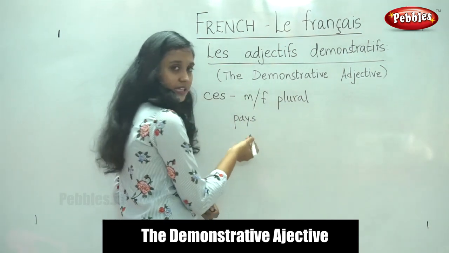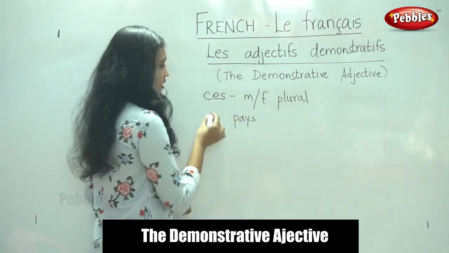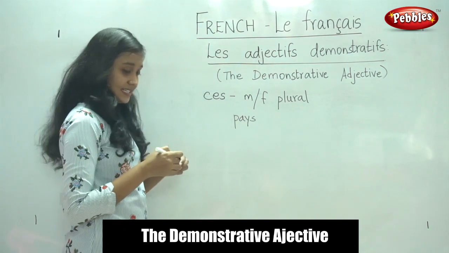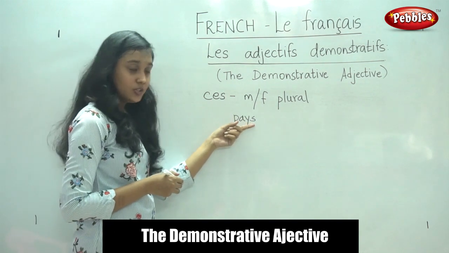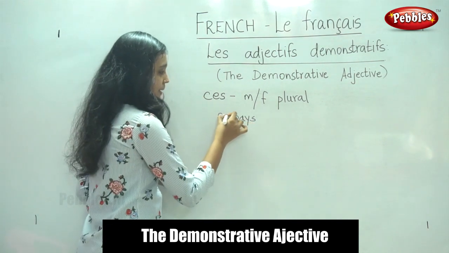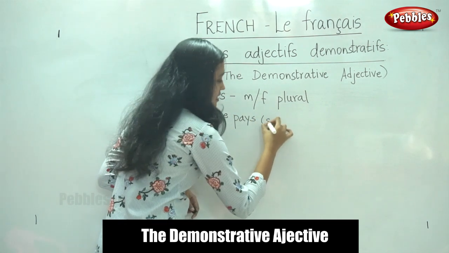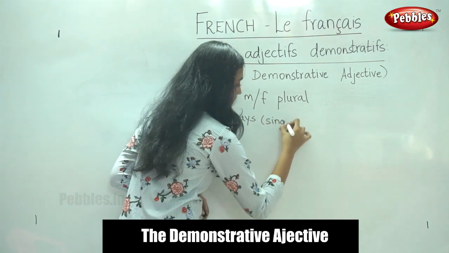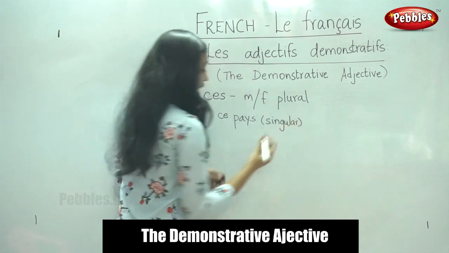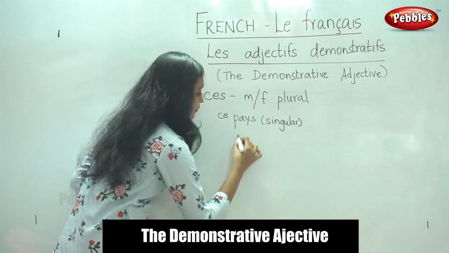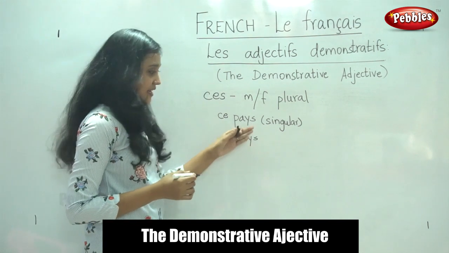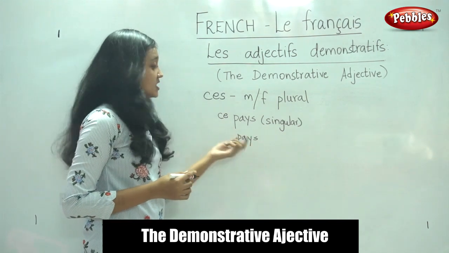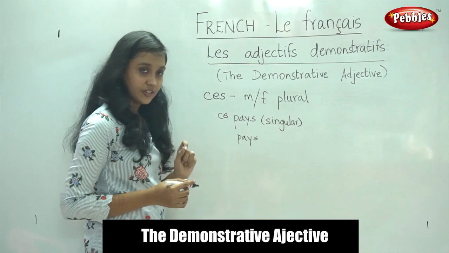It is the same in the singular and in the plural form. So depending on the sentence, we say pays if it is in the singular form. If it is in the plural form, the spelling is the same, the pronunciation is the same, its use in the sentence is what varies.